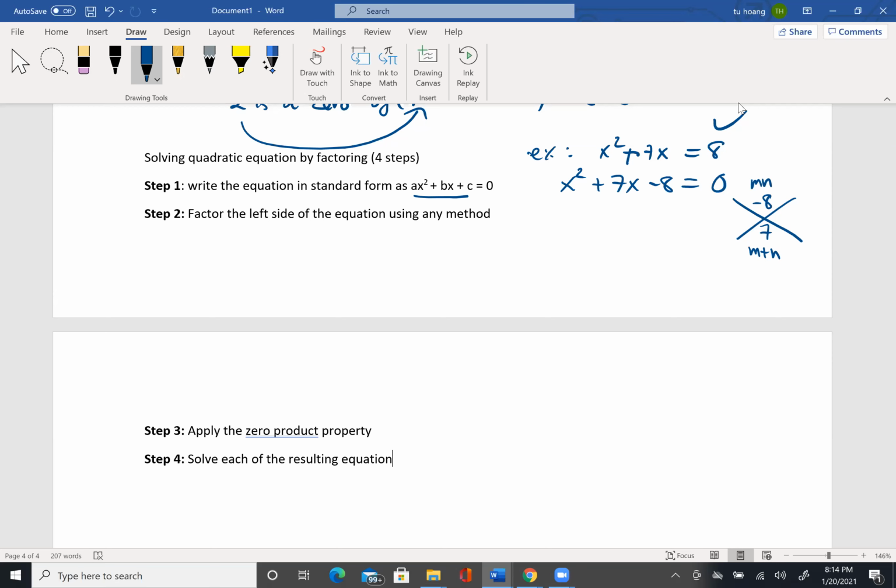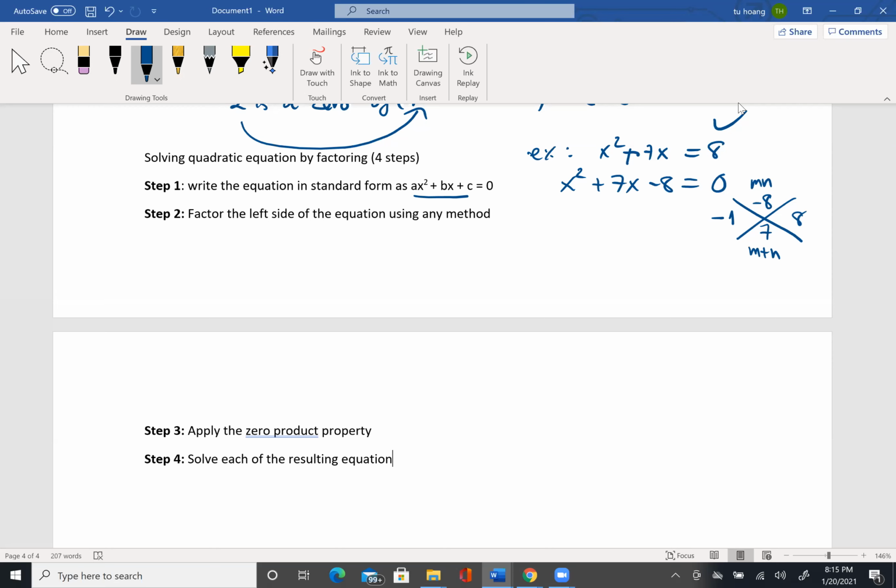Okay. If you start with number 1, you have 1 times negative 8. Then check the sum: 1 plus negative 8, negative 7, doesn't work. Then you're going to change the sign as negative 1 plus 8. Product okay, sum okay.